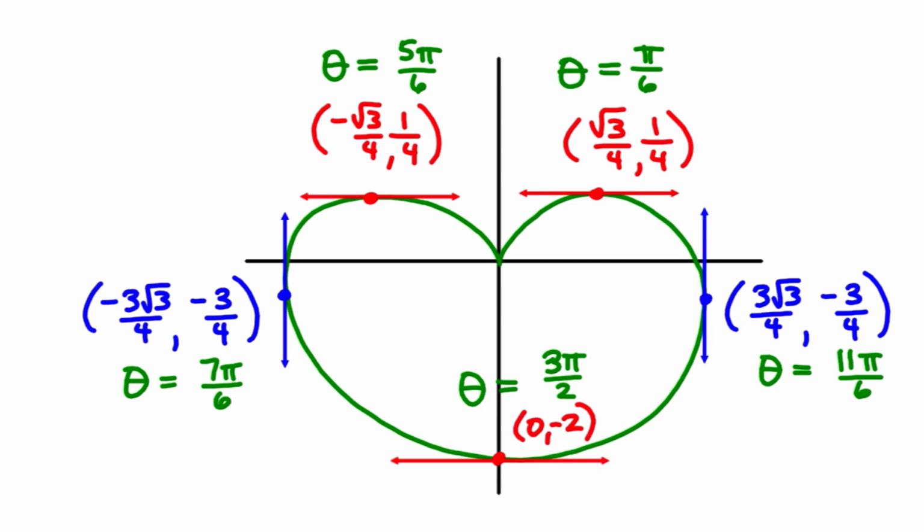And then there's a pair of points of vertical tangency at plus or minus 3 rad 3 over 4, comma negative 3/4. I did that by taking the green angles that you see and then slowly, painstakingly plugging them in to make sure that I got the answers. So, wow. These problems are taking a while, as you can see. Again, don't be intimidated by them. I know that it's a little harder doing it this way, but we'll get there.